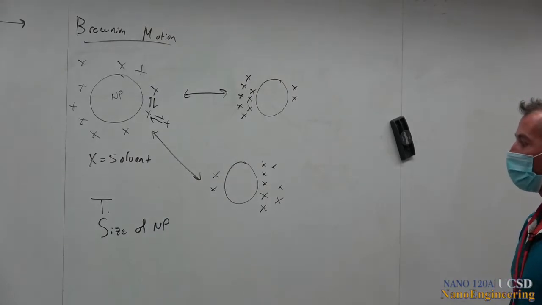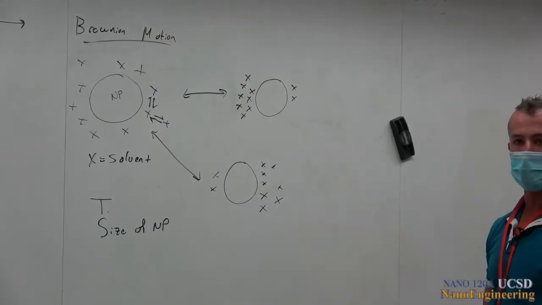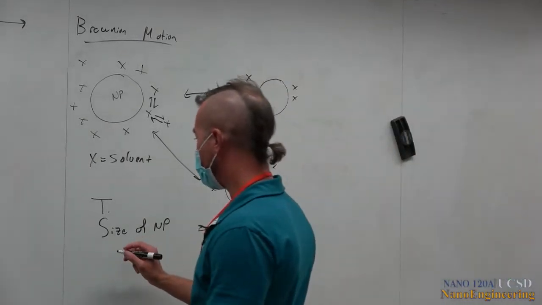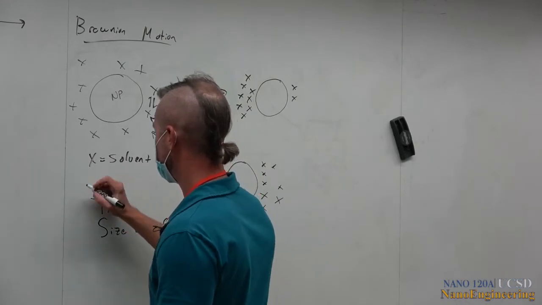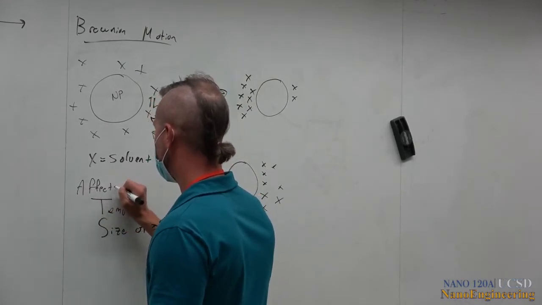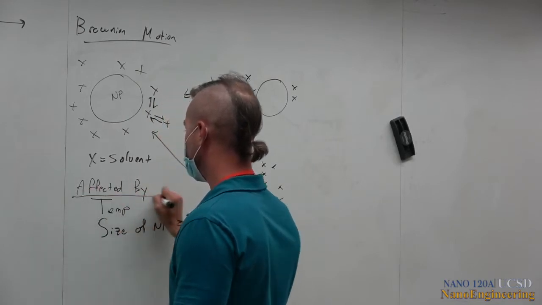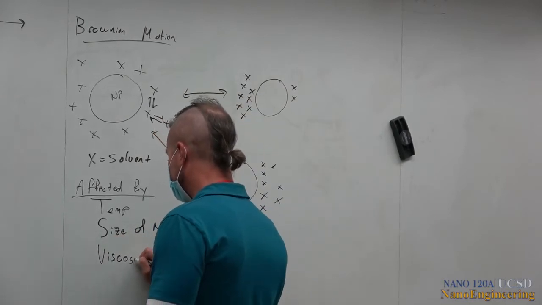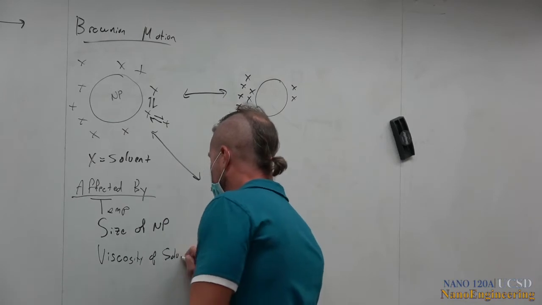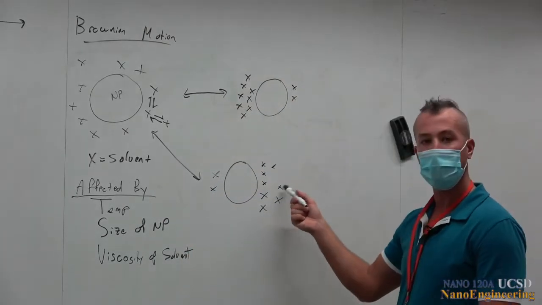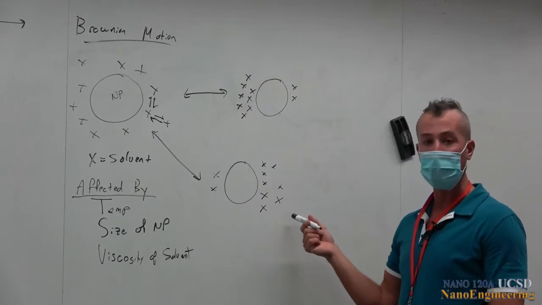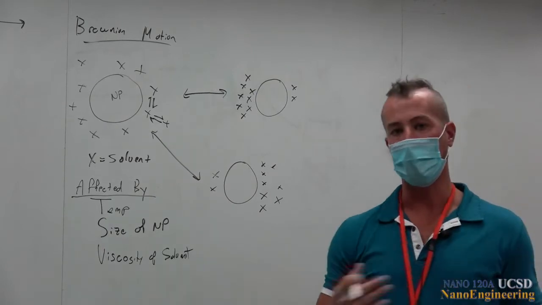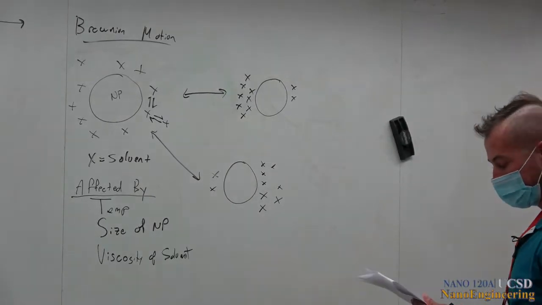It's going to be more susceptible to interactions with the solvent, and it can move faster, okay? So it's affected by temperature, size of nanoparticle, and the viscosity of the solvent, right? If the solvent's really sticky, if it's really gooey, it's less likely to have this rearrangement, it's less likely to have this impact on the particle movement. Okay?